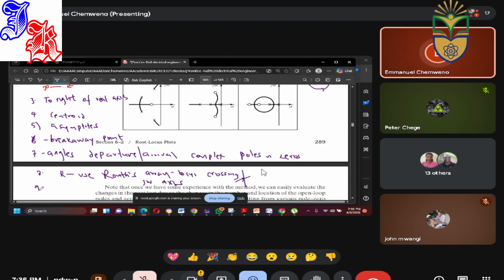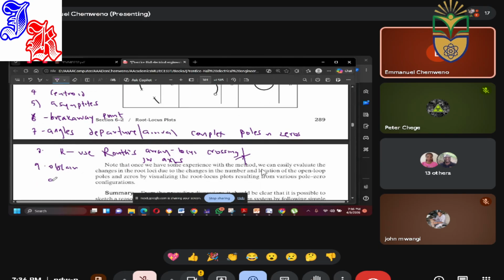And finally 9, you can obtain gain from the locus graphically.